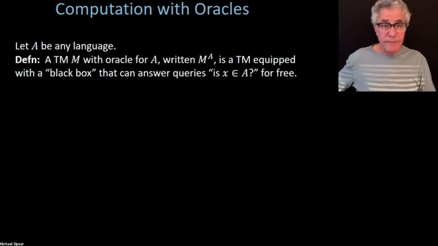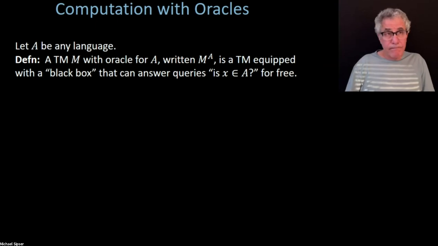What are oracles? Oracles are a simple thing, but they're a useful concept for a number of reasons, especially because they're going to tell us something interesting about methods which may or may not be useful for proving the P versus NP question, when someday somebody hopefully does that. So what is an oracle?